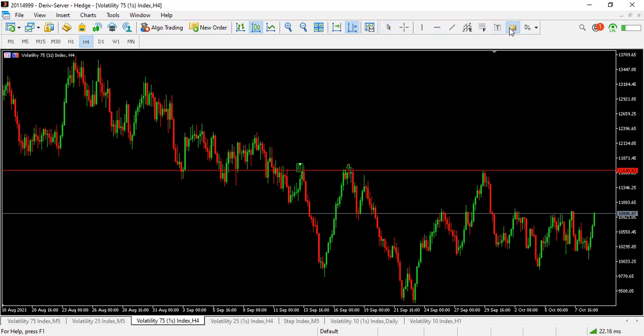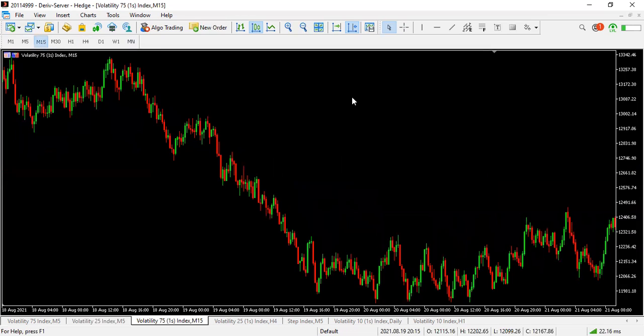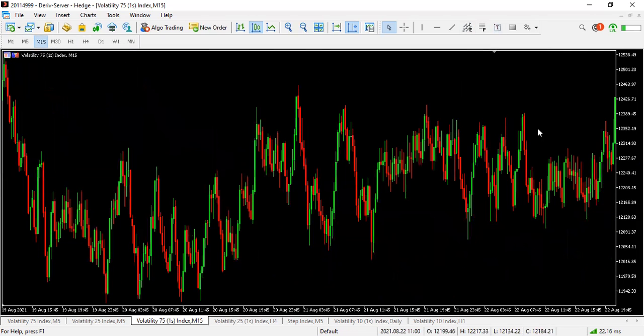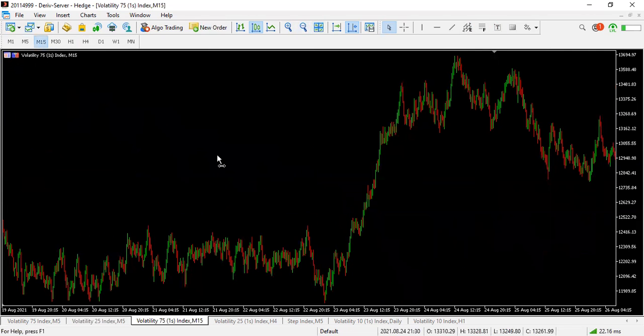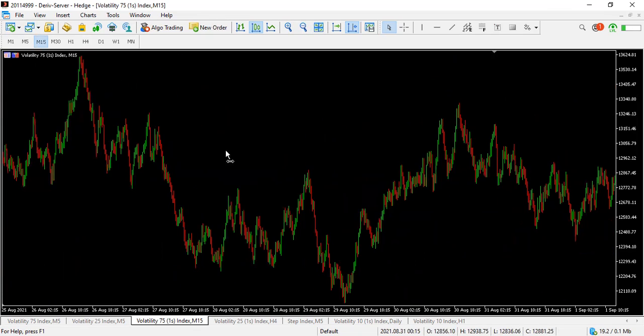And what do I do? I wait for price to come back in here while I'll be on the M5. So price is all the way here. Let's just say I have my line here. I'm chilling. I'm not even caring about the market. I wait for it to come in there. And then when it finally does come into my area of sensitivity, let's scale down to the M5 and see how we would have gotten this entry.